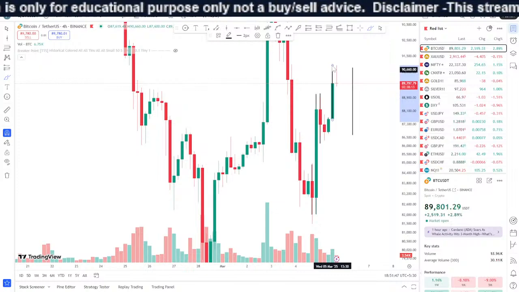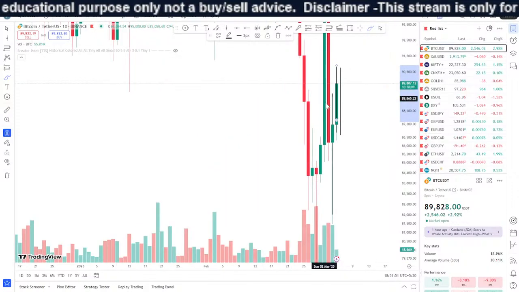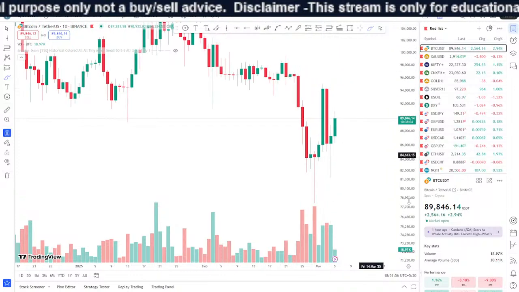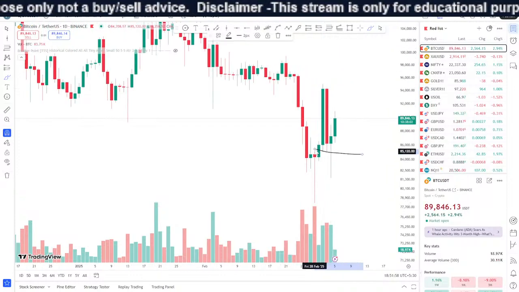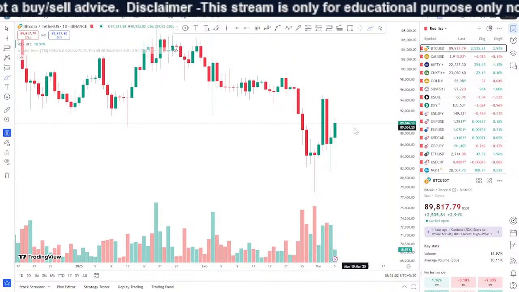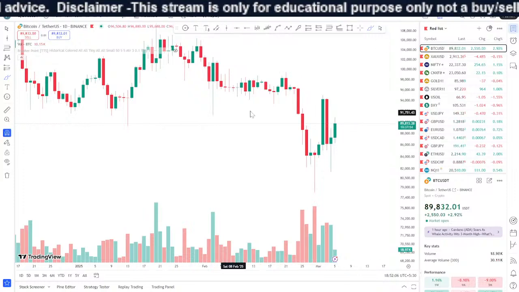Okay, so let's start the screening. What is the main thing that you have to notice? What is our wave in the current scenario? The wave in the current scenario is bullish.